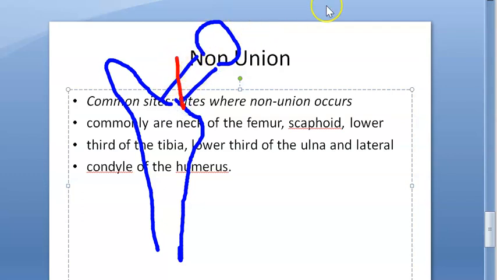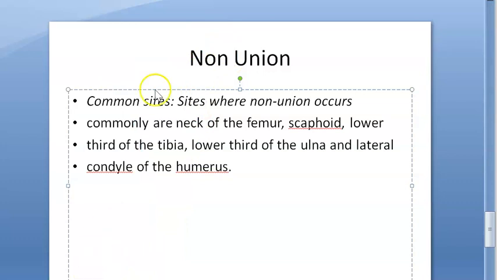That's why that angle is very important. See, if it's fractured like this, it's very difficult, there's no compression for it to heal. So that is why the angle will tell at what angle there will be good. The lower the angle, it will heal better, okay. So you will mention all these as the common sites of non-union.